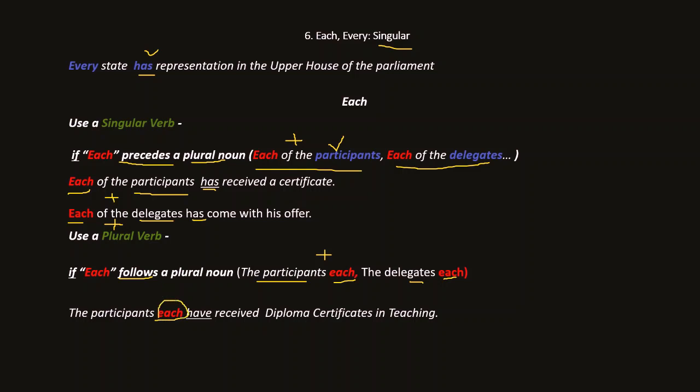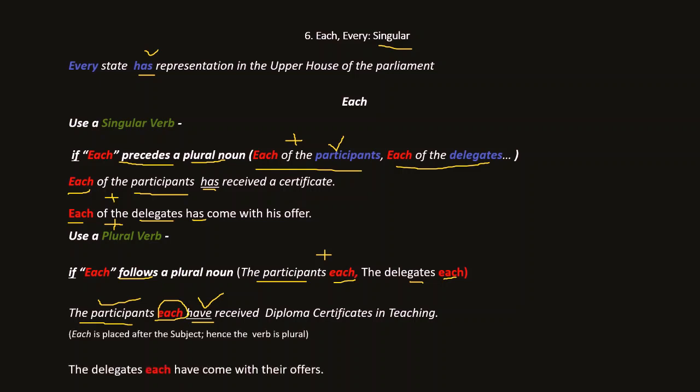Why? Because in these cases we have plural noun plus each structure. Hence it is the participants each have received diploma certificates in teaching. Similarly, the delegates each have come with their offers. You could notice the difference between with his offer and with their offers.